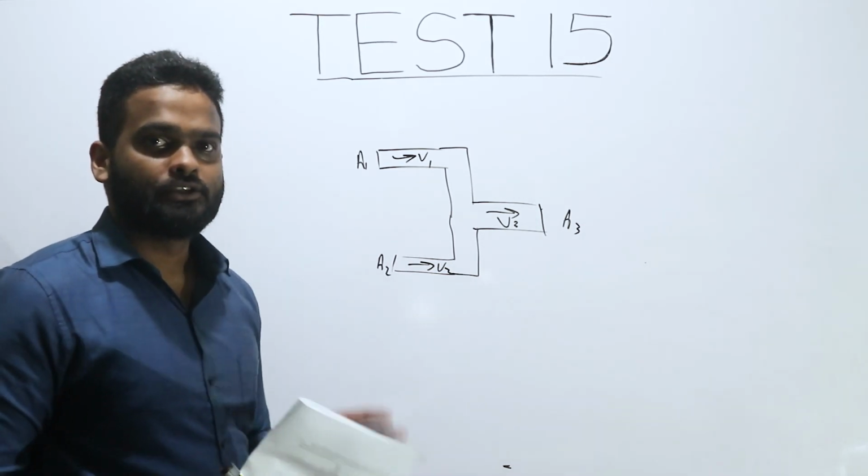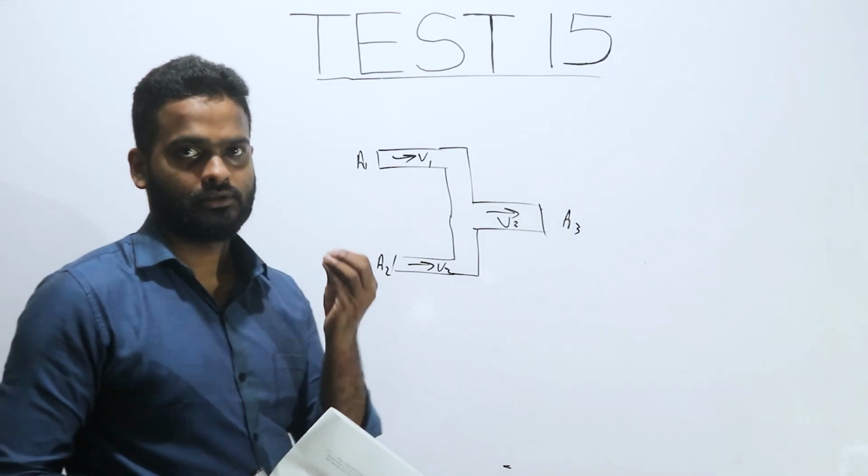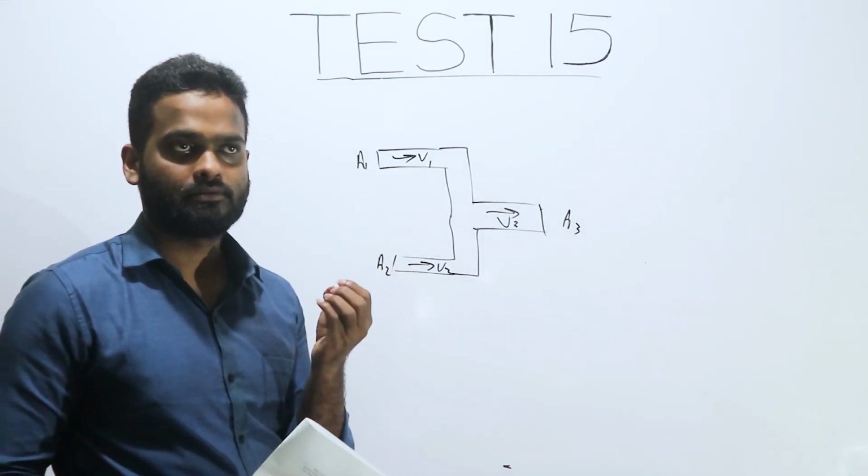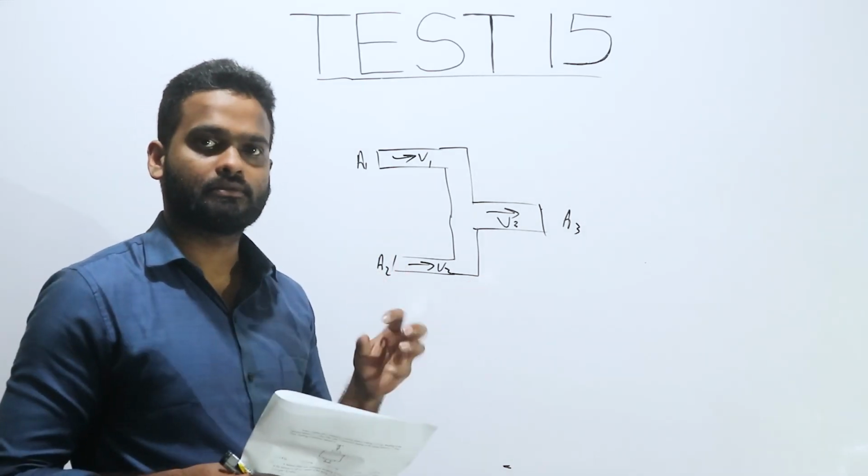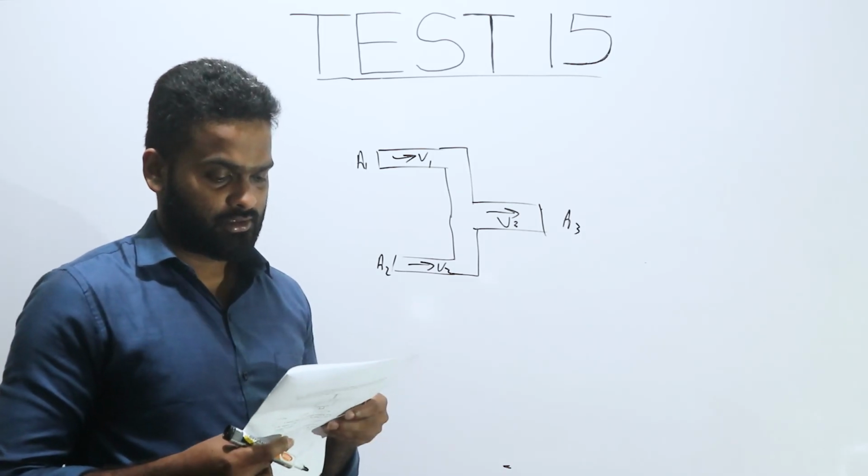Velocity here is V1 and velocity here is V2. The volume of the liquids cannot be changed, right?